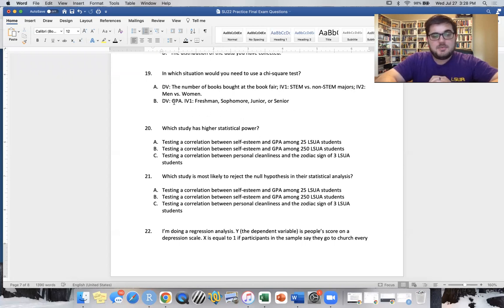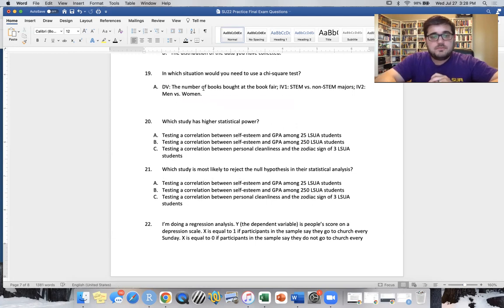If it was high GPA versus low GPA, and you went and got 100 students and you're like, okay, 20 low GPA and 80 high GPA for freshmen, and then this much and this much, that might be a chi-square test, because then you have a category for high GPA and a category for low GPA, and you cross that with these 4 grade level categories. But average GPA, that wouldn't really work if that's the dependent variable.